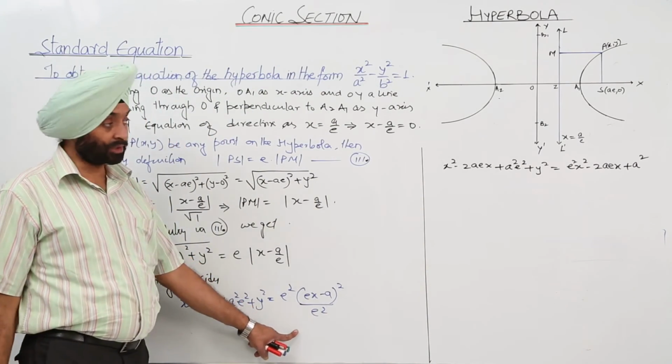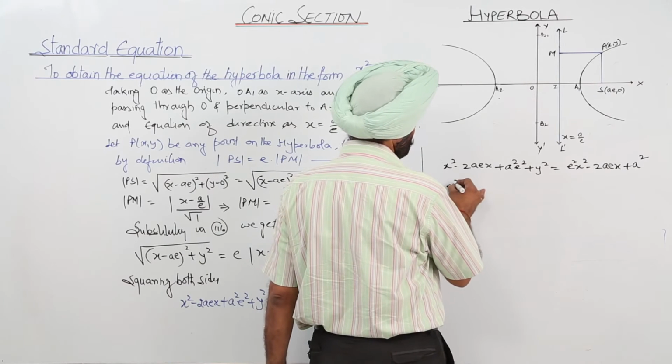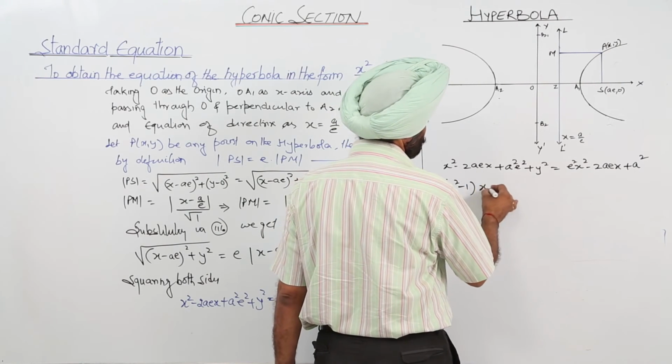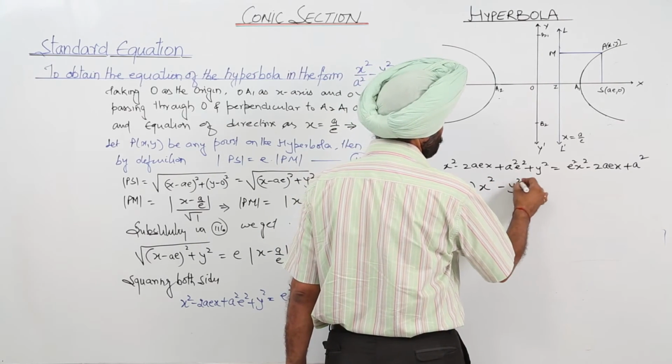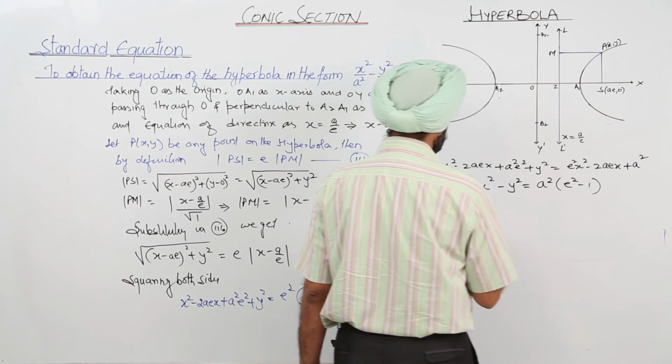E square and E square cancel. Now we are left with this part. Now taking E square minus 1 and x square as common, minus y square is equal to A square times (E square minus 1).